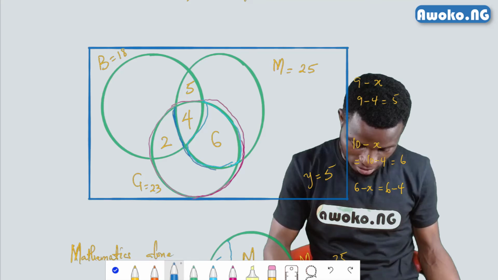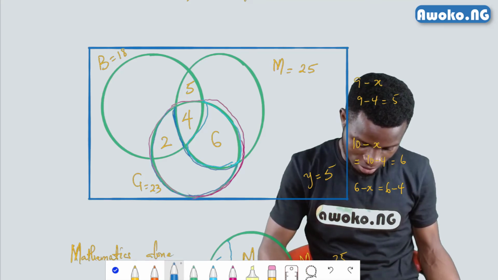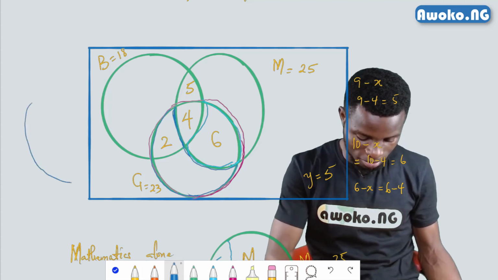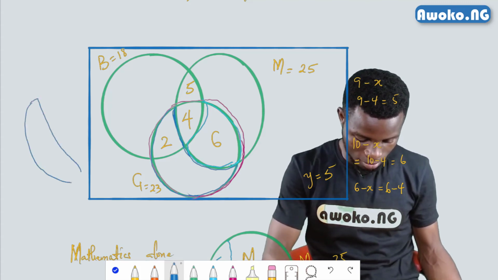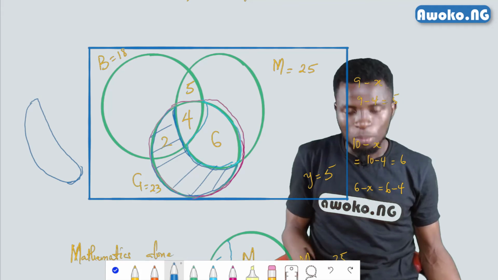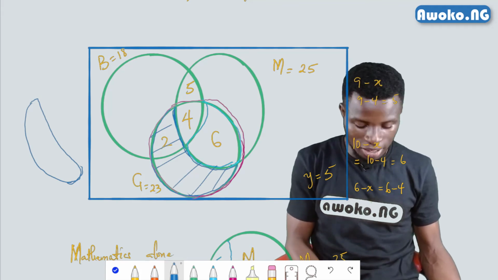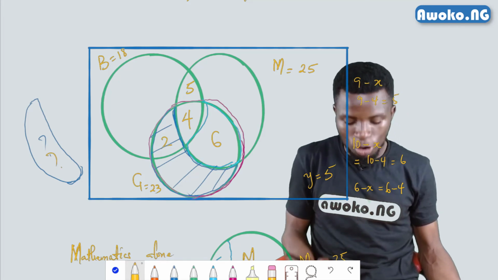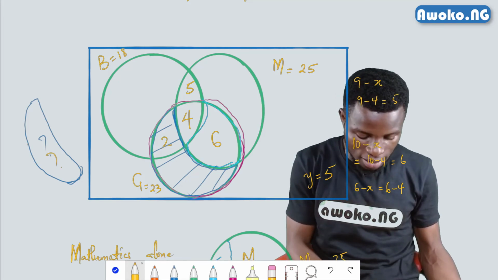Look carefully at these parts. It looks like something like a crescent. This is just what we are looking for. But remember, we can't find these directly, because we don't know what this area is.